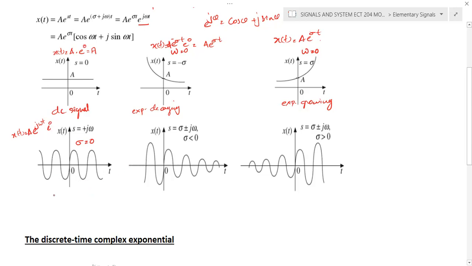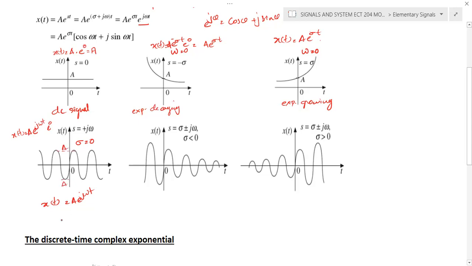So it's a sinusoidal signal. There are two parts; either we can plot the real portion. Assume that we are plotting the real portion. So it's simply a sinusoidal signal, x of t equal to a e raised to j omega t, and the maximum amplitude will be a.